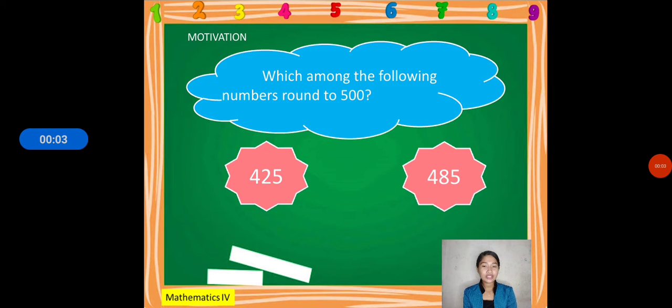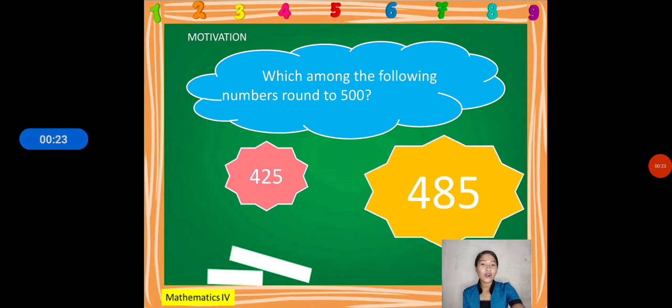Now for our motivation, we have 2 questions that we need to answer. First, which among the following numbers round to 500? Is it 425 or 485? The answer is 485.